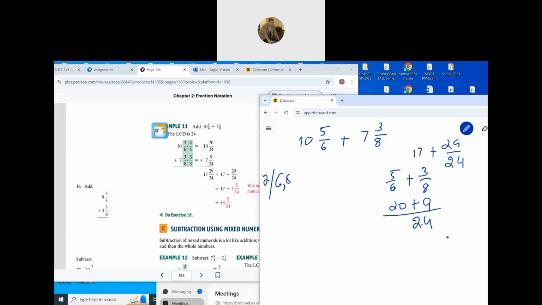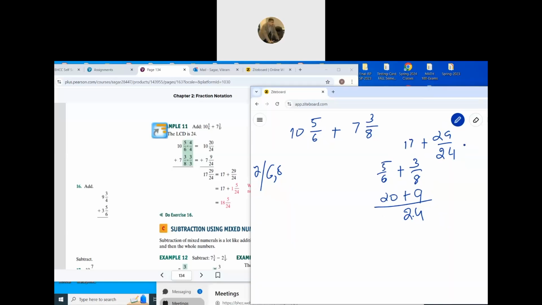Okay, so now we have to do one more step here, because we remember we have to do long division. So watch first, don't write anything down. I'm gonna show another method also. Whatever method is easy for you. So now 29 divided by 24, we have to do long division now, which is 1, right?